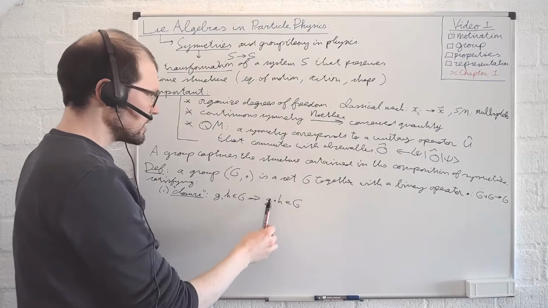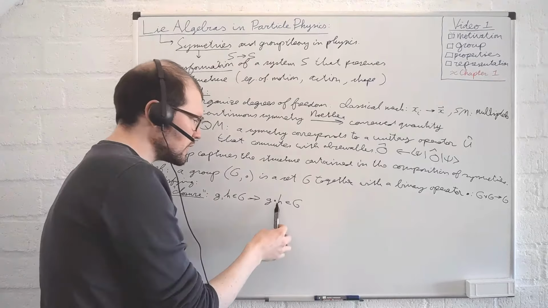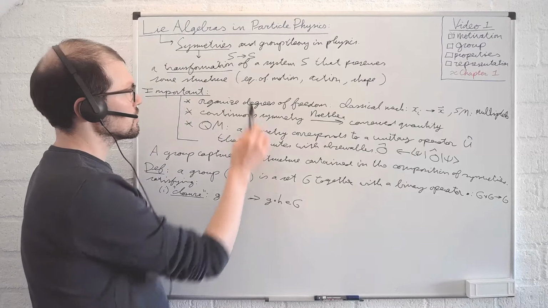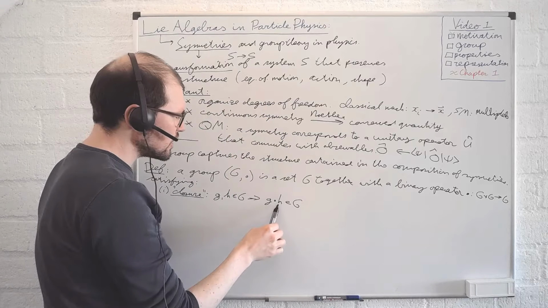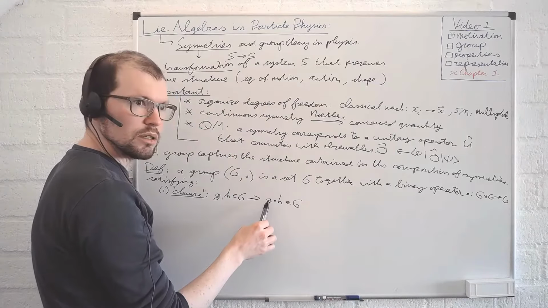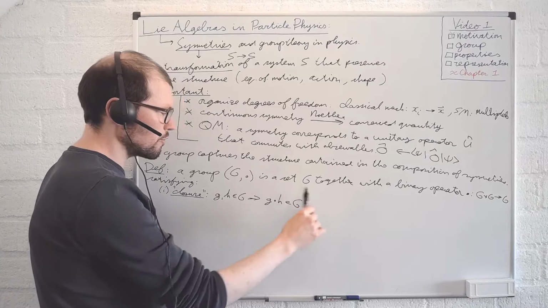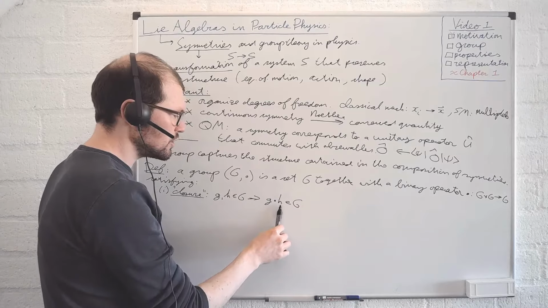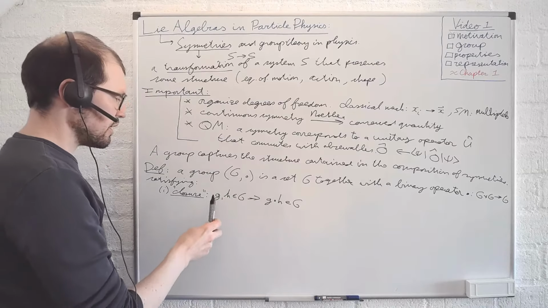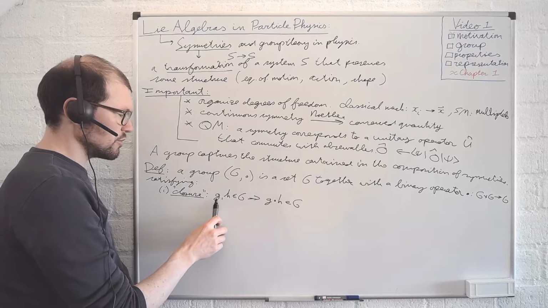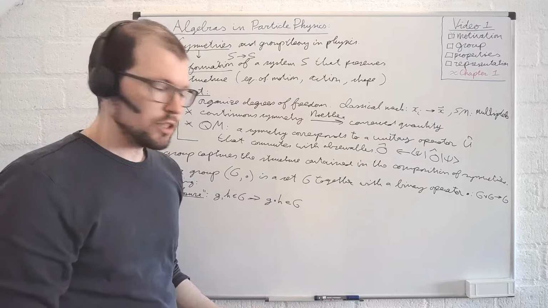So when I say that I'm looking at the composition of two such transformations, it means that I'm going to take the composition of those transformations on S. H gives a transformation of S, and let's say after H I do G. Typically when I have groups, I'm reading these compositions from right to left, first transforming by H, then transforming by G. So this is saying that if I have a symmetry transformation H, another symmetry G, then I can perform the symmetries consecutively, and they should again be a symmetry.